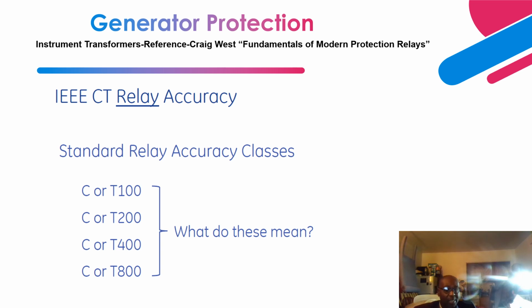For C200, the maximum voltage that it can develop across the secondary winding is 200 volts. Then again, for C400, the maximum voltage is 400 volts across the secondary. And for C800, again, 800 volts. So if you have a C100 accuracy class for a CT, it's supposed to have 20 times the maximum secondary current.